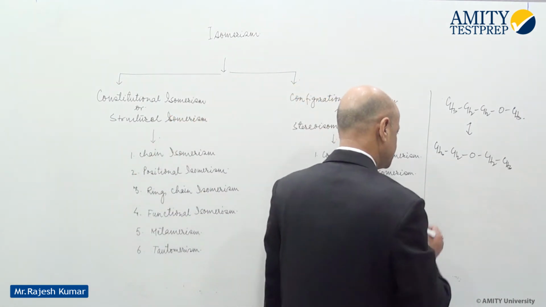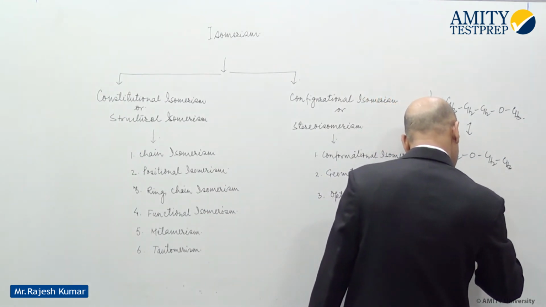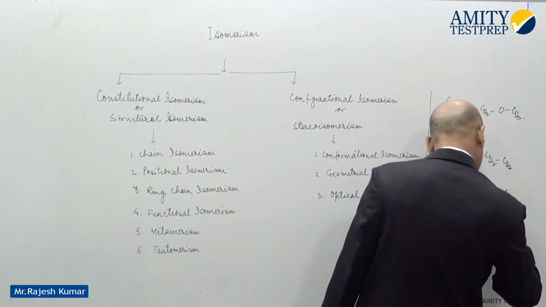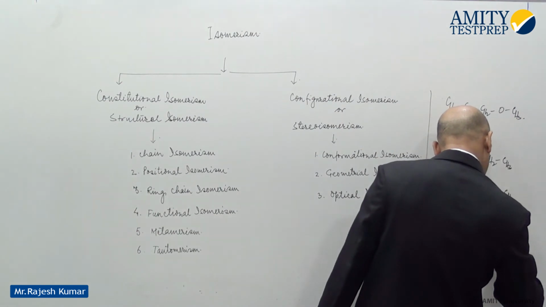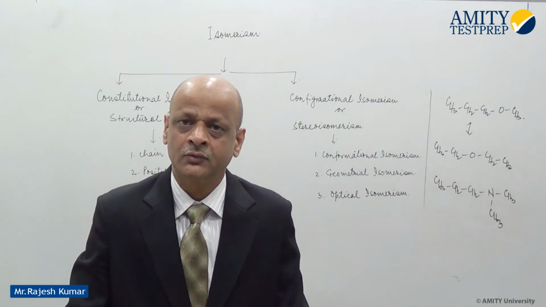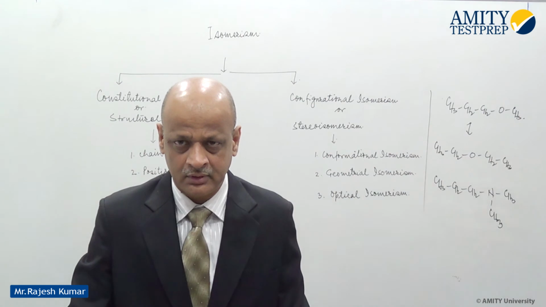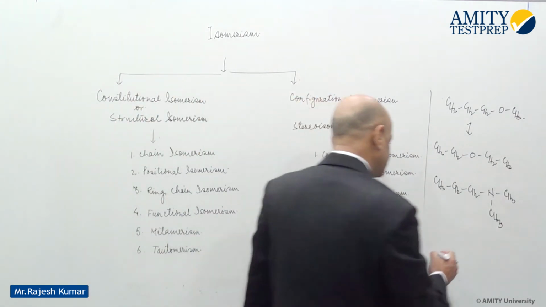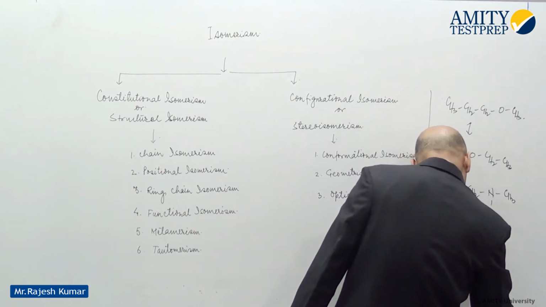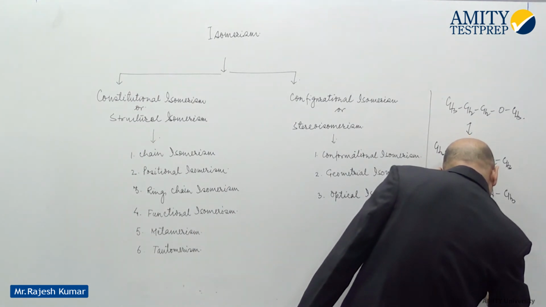Another example, amine. This is called N,N-dimethyl propanamine. Another isomeric form of this one could be here, CH3, CH2 and CH2, CH3, CH3.